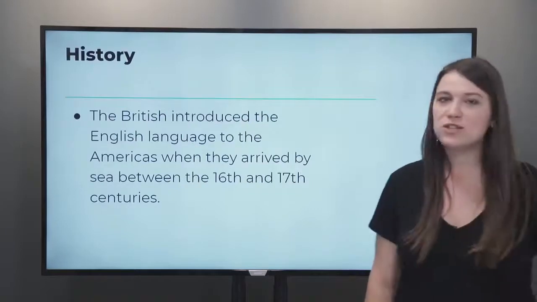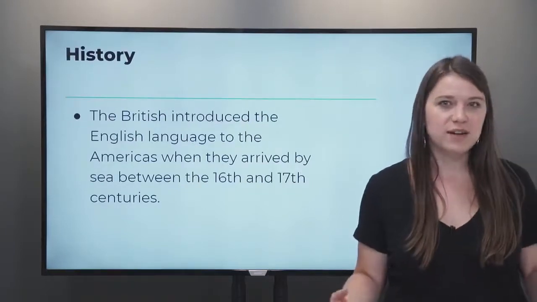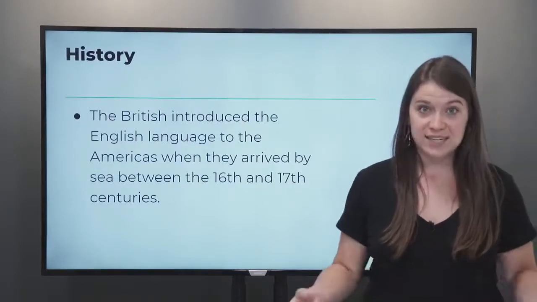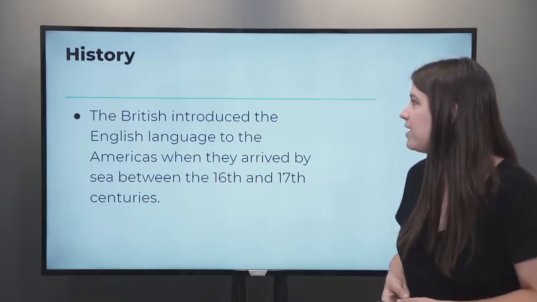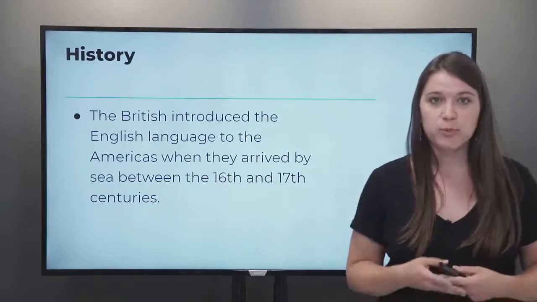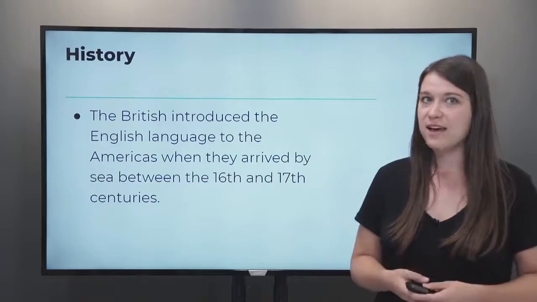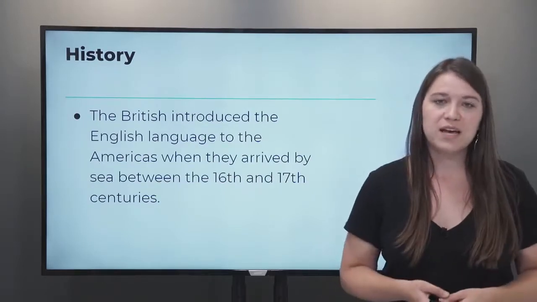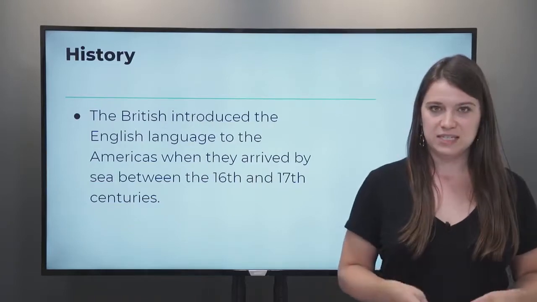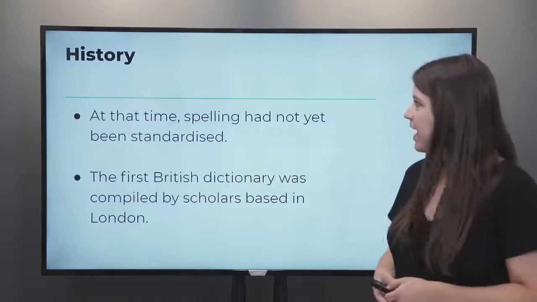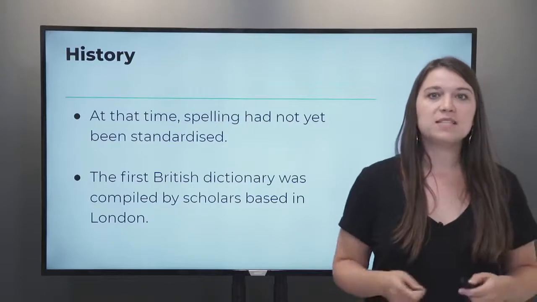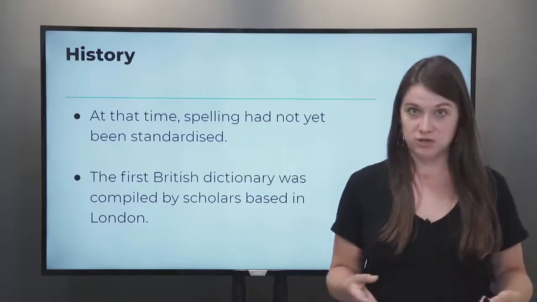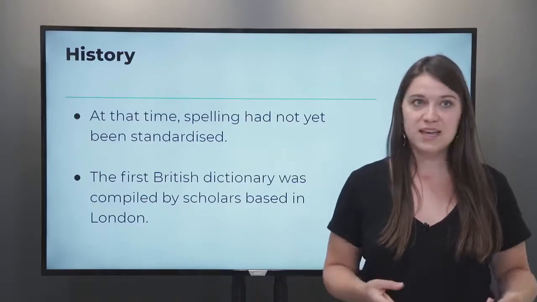All right, let's look a bit at the history so we understand why these differences exist. The British introduced the English language to the Americas when they arrived between the 16th and the 17th centuries, okay? And at that time, spelling had not yet been standardized, so people spelled things in different ways.